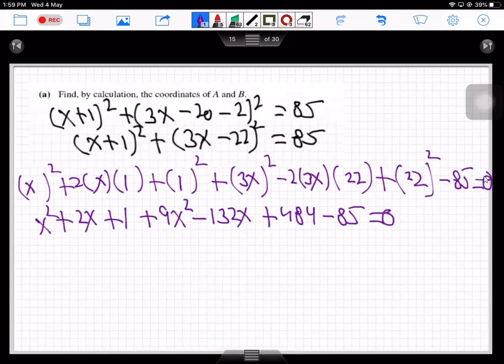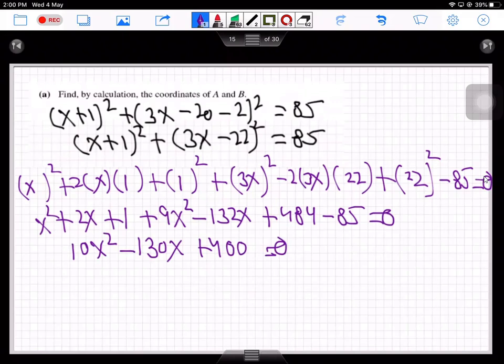So x² + 9x² is 10x², and then 2x − 132x will give you −130x, and then 1 + 484 − 85 is positive 400. What you can do, you can make this question much easier by taking 10 as a common factor out.